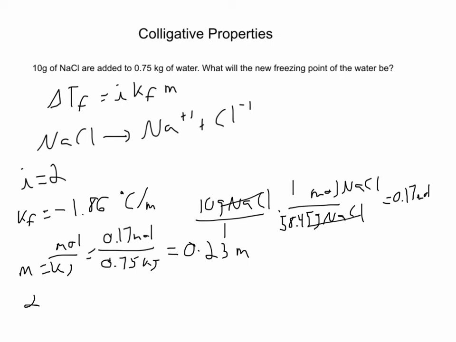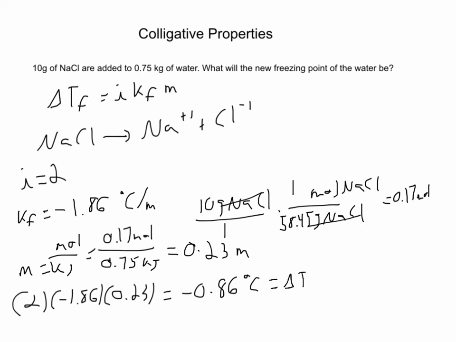So 2 times negative 1.86 times 0.23 will equal negative 0.86 degrees Celsius. That's going to be our change in temperature. So the question, though, is asking for what is the new freezing point of water.